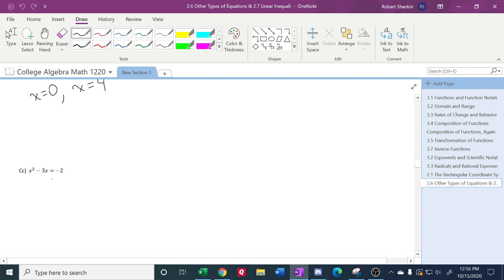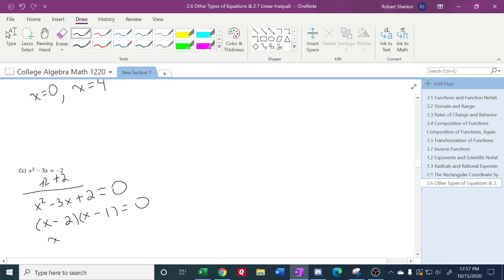Okay, this is a quadratic equation. Add 2 to both sides. Then I factor it if it factors. Two signs must be both negative because I have to multiply to be a positive number, but still give me a negative middle term. 2 and 1, that will do it.